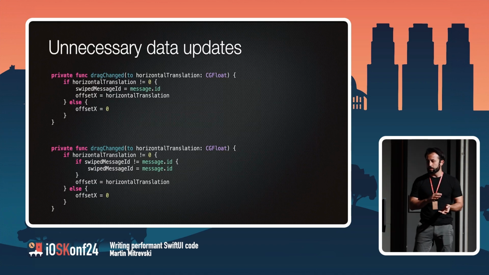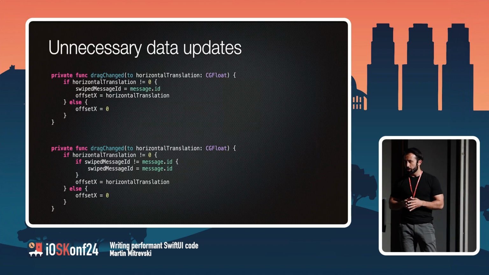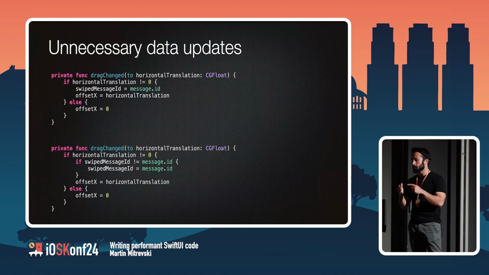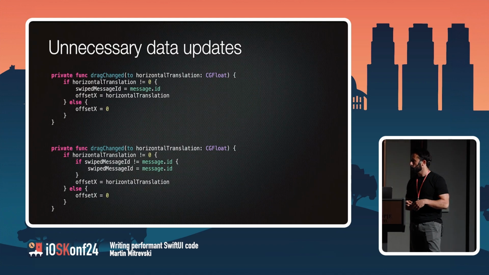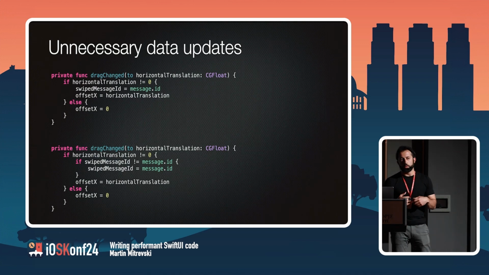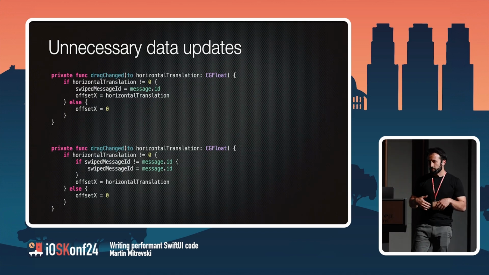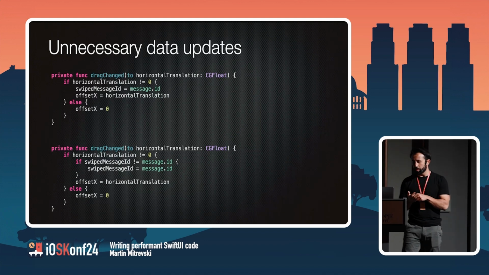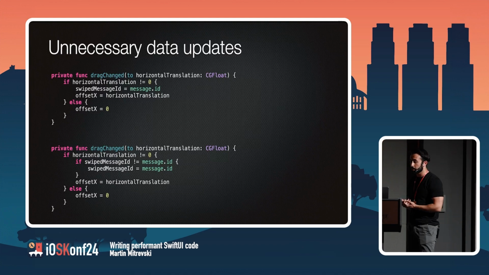Ideally, either you check whether it has really changed, or you put in a threshold as an optimization, to know whether it's a small movement of the finger. Be more aware of these unnecessary data updates, because while you drag, you need to have a consistent state. This example is swiping a message, and the point where it becomes swiped or not.